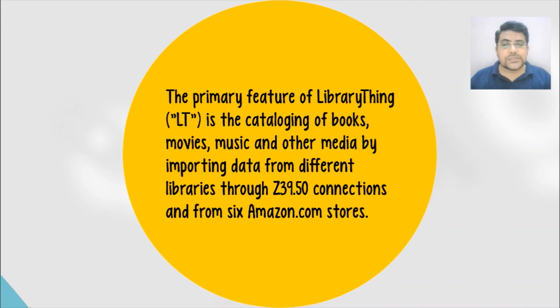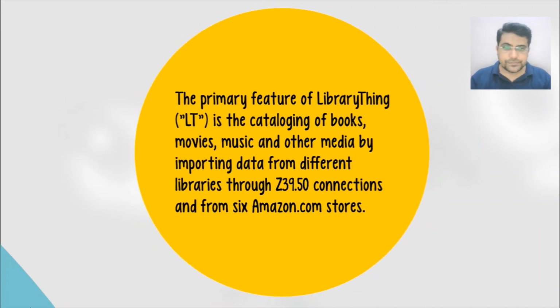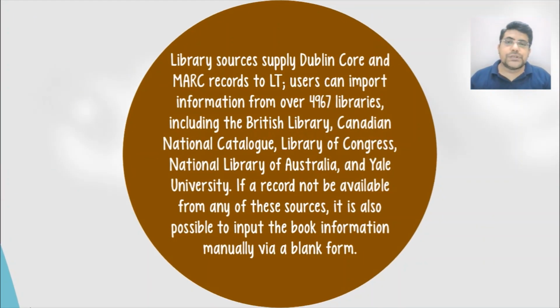Data is also imported from 6 Amazon.com stores. The library sources supply Dublin Core and MARC records to the library. Users can import information from 4,967 libraries, including the British Library, Canadian National Catalog, Library of Congress, National Library of Australia, and Yale University.